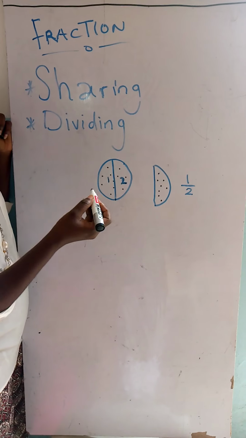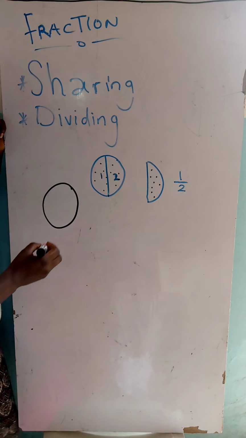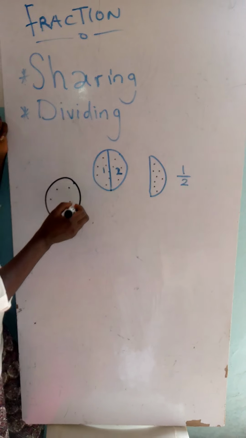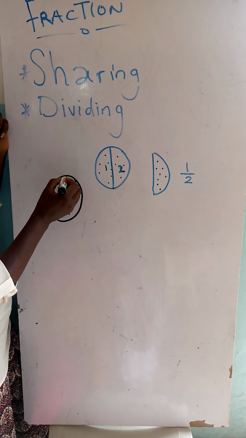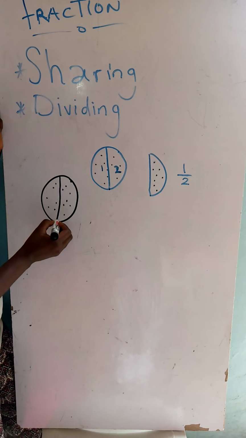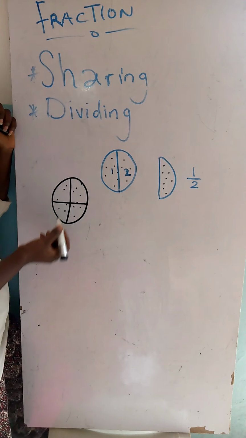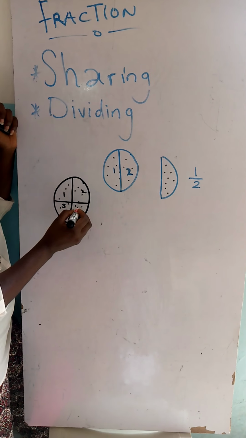Okay, so let me draw another one. Now this is another Pure Bliss, but I'm going to be sharing it among 4 people. So I divide it here and I divide it here. Now how many parts do we have? We have 1, 2, 3, and 4.